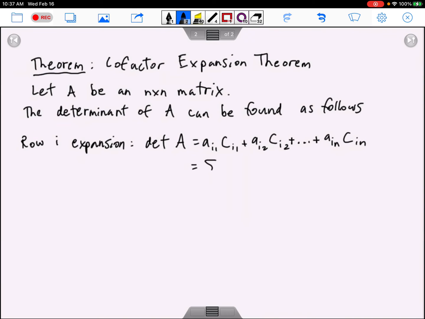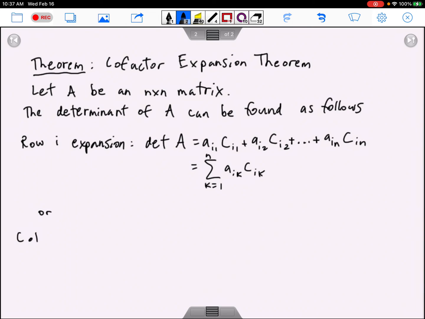Or that's the same as, if we want to use sigma, that's fine, Aik Cik, where k goes from 1 to n. In other words, you multiply all the elements of the matrix with the cofactors of the matrix in that row. So in row i. Notice that the i never changes in here.